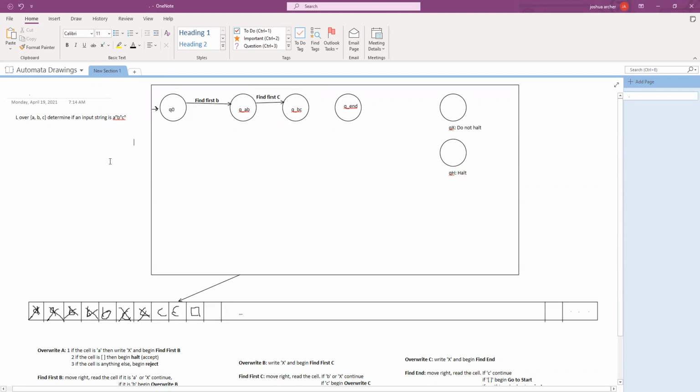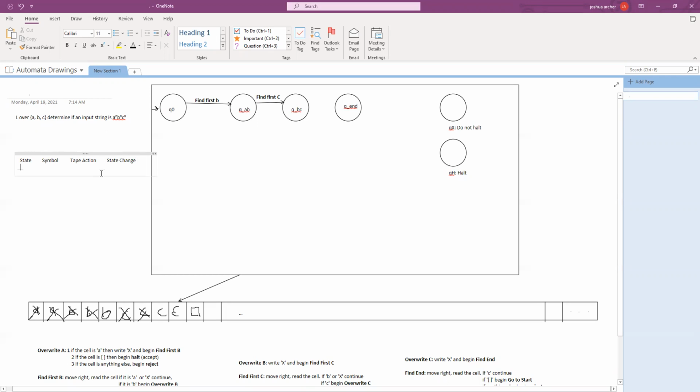So you need something like: you've got state, symbol, action or tape action, and state change. So everything needs to be listed in this format.